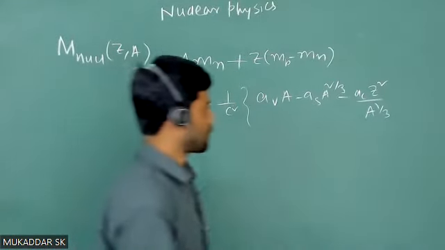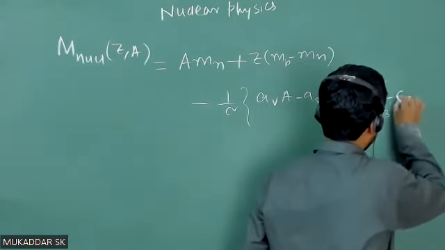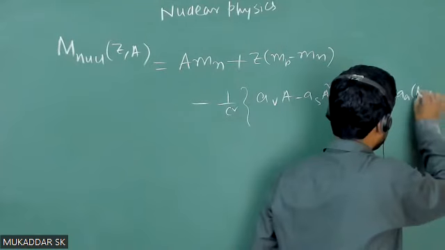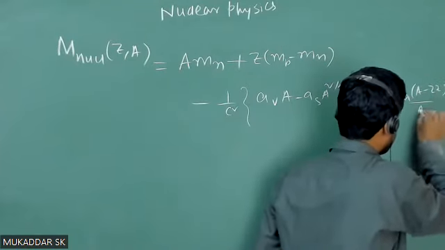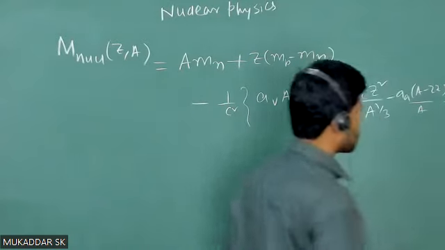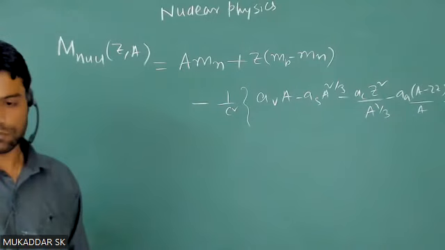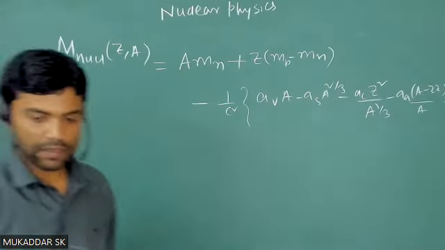And then you have, और क्या आ जाएगी यहाँ पे? Asymmetric term, a a (A minus 2Z) whole square by A, plus delta. लास्ट में क्या है? प्लस डेल्टा है.